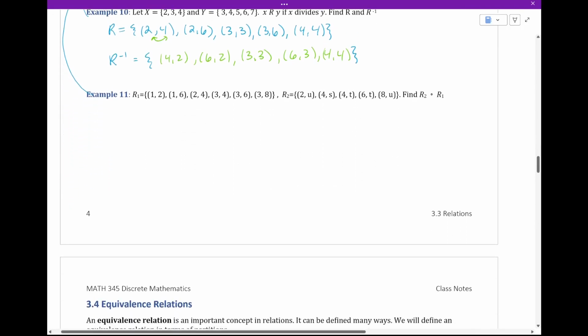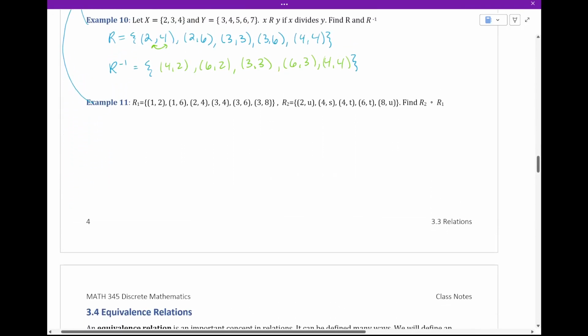All right, last one, example 11. R1 is {(1, 2), (1, 6), (2, 4), (3, 4), (3, 6), (3, 8)}. And R2 is {(2, U), (4, S), (4, T), (6, T), (8, U)}.